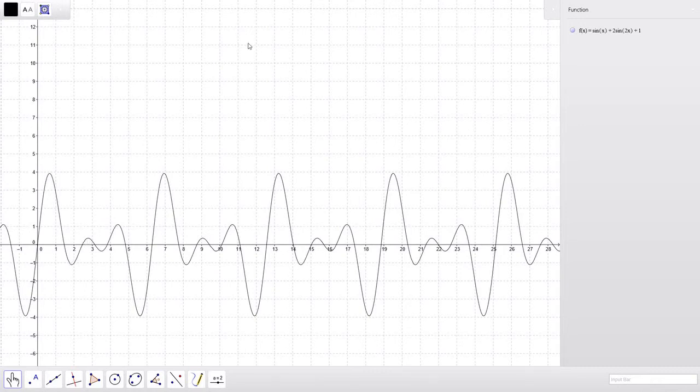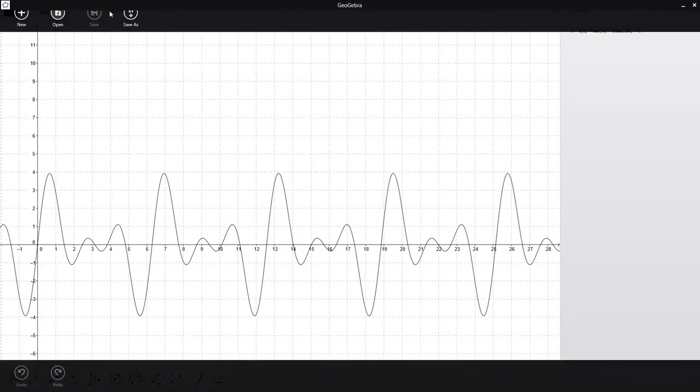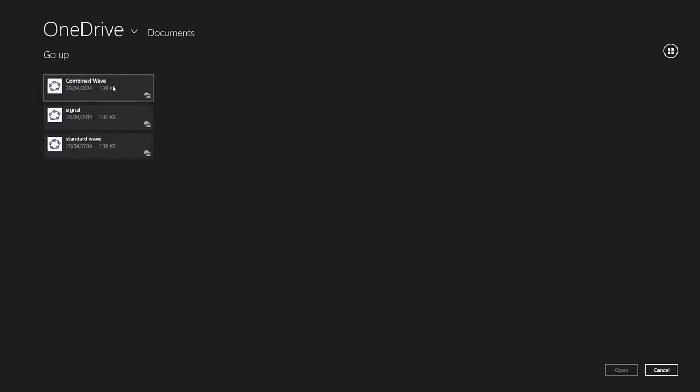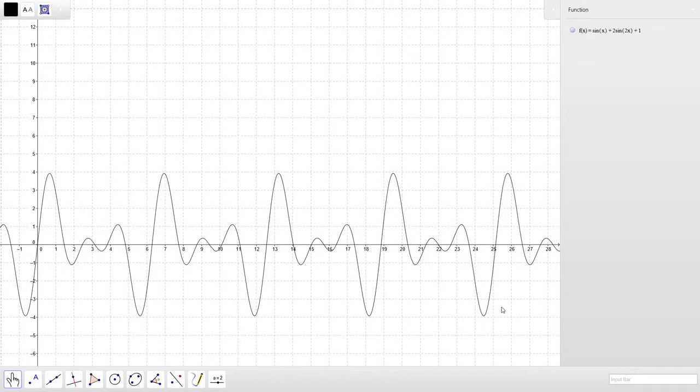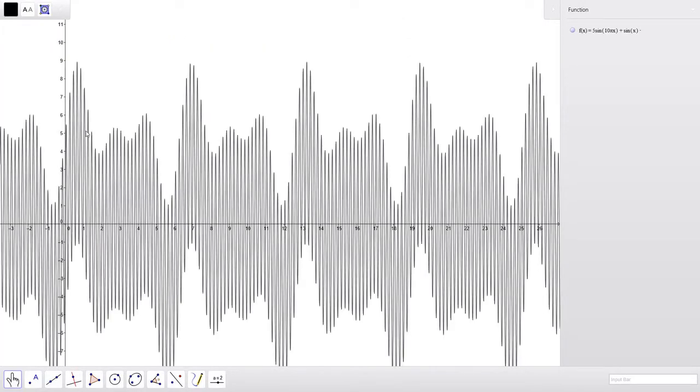So if I combine this with the standard wave, they look like this. It goes up, then down, then up, then up, down, up, down, then up again. The trend here follows the signal wave.